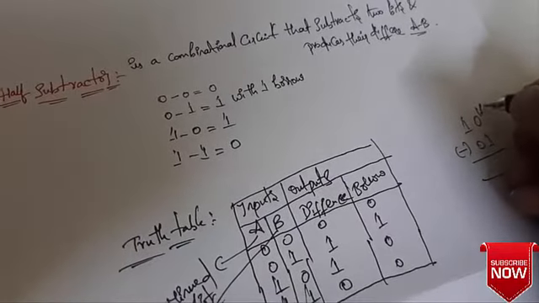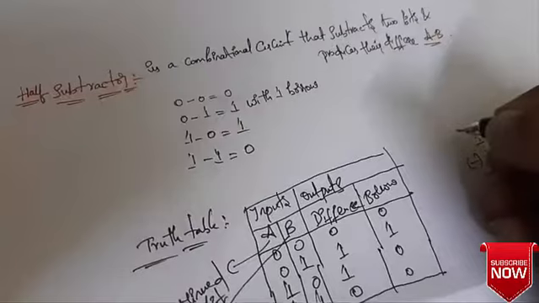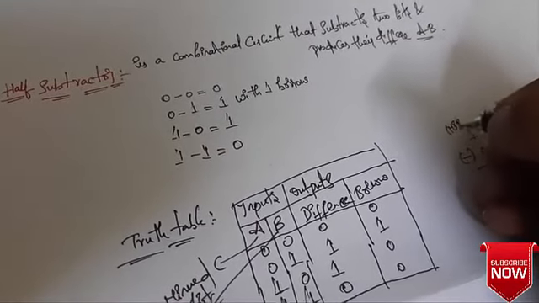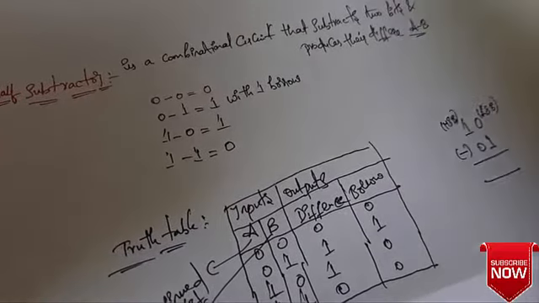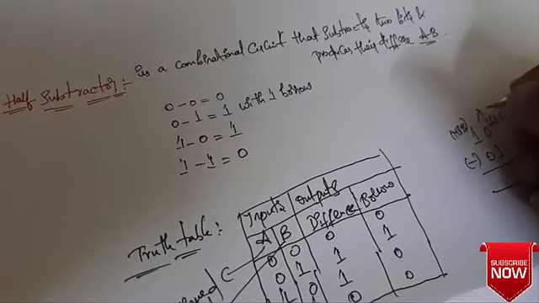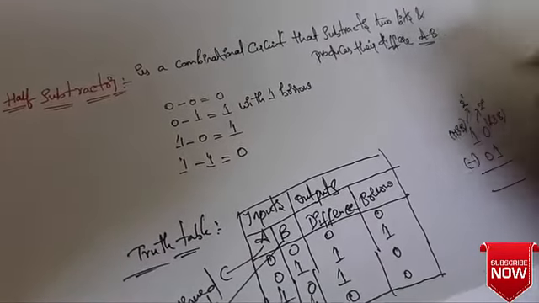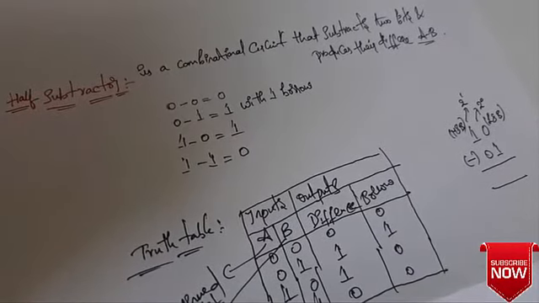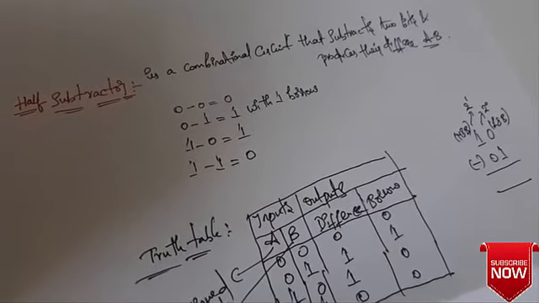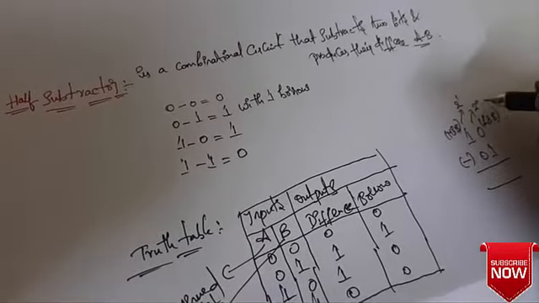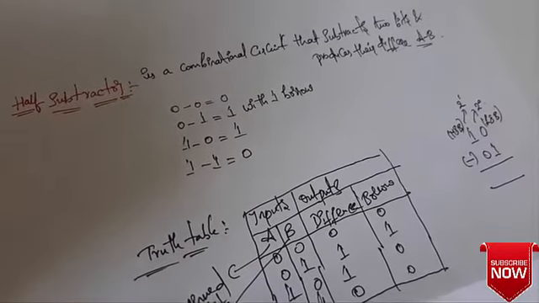This will be the LSB, and this will be the MSB. This will become 2 power 0, and this will become 2 power 1. Binary means in terms of powers of 2, right?